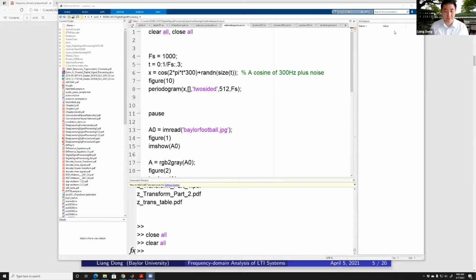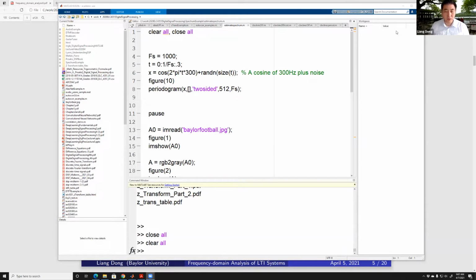I'm showing you one Matlab example here. In Matlab, there are a lot of very useful functions that can help us do the frequency analysis, spectral analysis. We don't need to memorize all these functions, but we need to know what's under the hood. The software evolves very fast. Some of the commands I don't remember, and I don't even know what's new in the newest version.